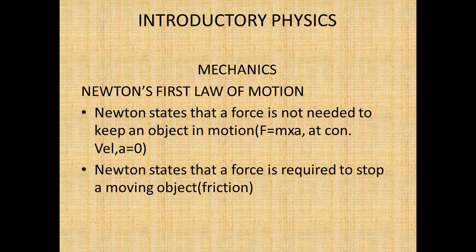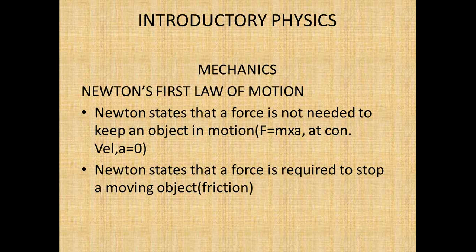And if you're not belted in the car, you're going to become a projectile and be ejected from the vehicle. If you have a seat belt, then that unbalanced force will prevent you from becoming a projectile. So Newton states that a force is required to stop a moving object, and it is called friction.